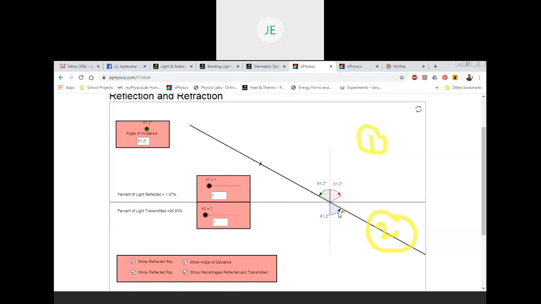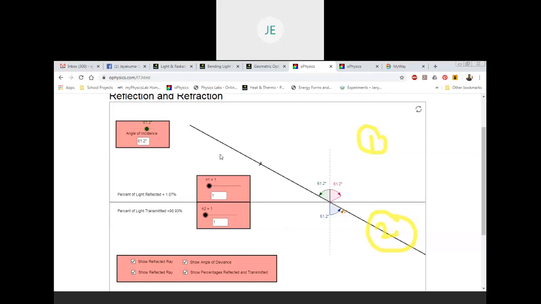And angle of deviation. Do you know what you mean by angle of deviation? Sir, the angle at which light got bent.